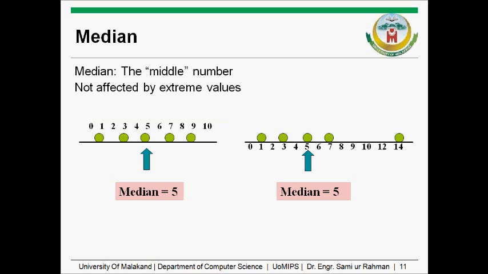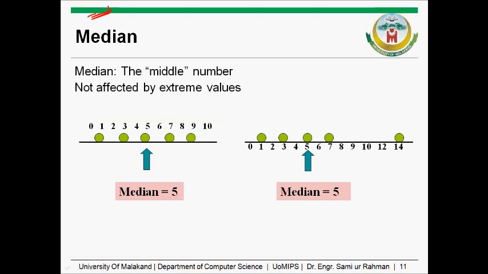Okay, for example, we have these 5 values. The median is 5. Then we have again 5 values, but the size of these values is different.